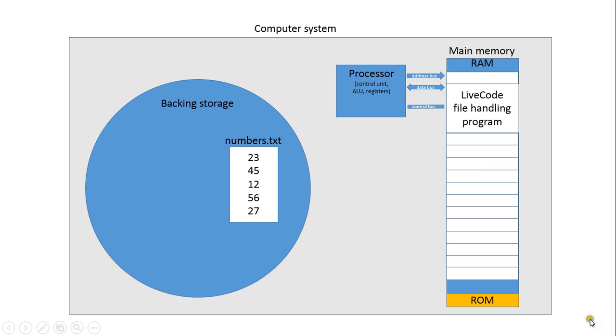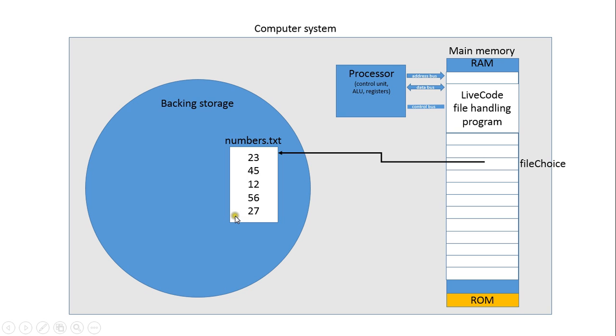So the first thing I have to do is create a variable that can connect RAM to this backing storage file. I've called it file choice. You can call it anything you want pretty much, and I'm going to connect it to this backing storage file. Now this file I've created in Word.